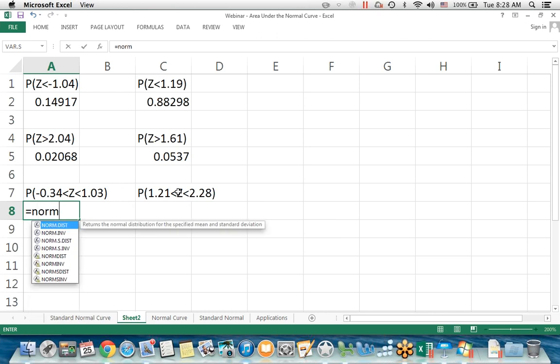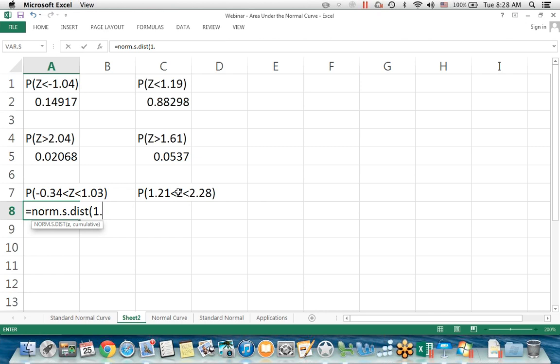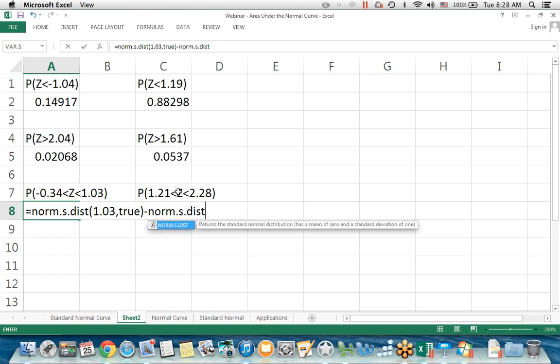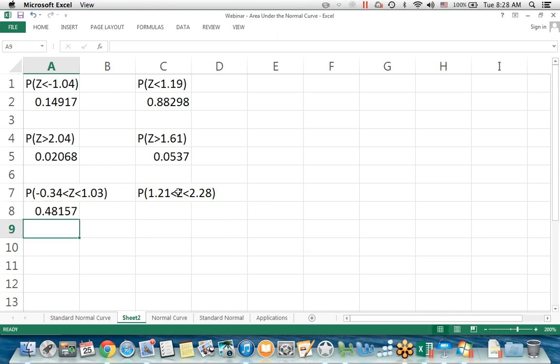So we're going to type in norm.s.dist, open parentheses, 1.03, true, minus norm.s.dist, open parentheses, and then the smaller number, negative 0.34, true. And this number, 0.48157, represents the area in between those two values.